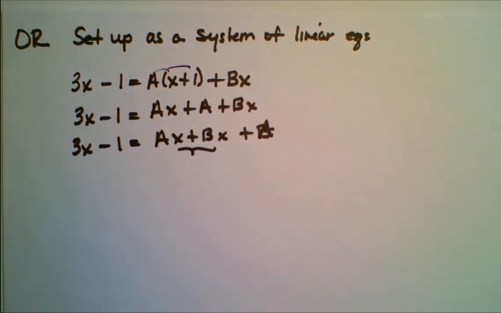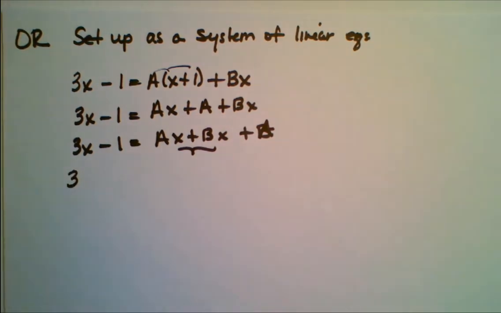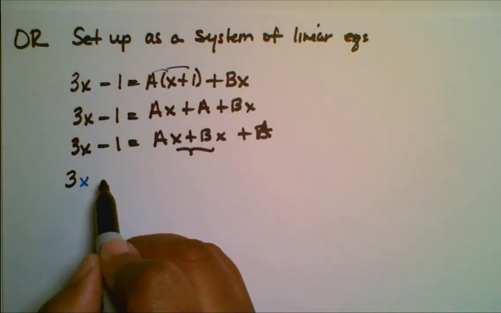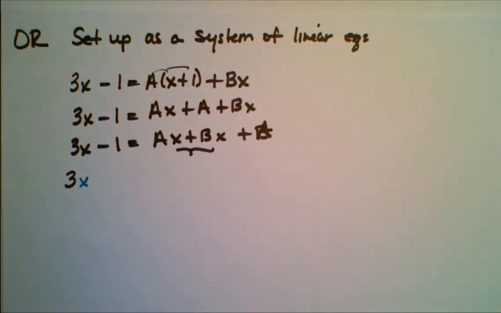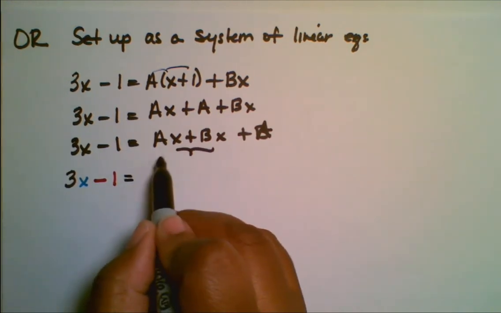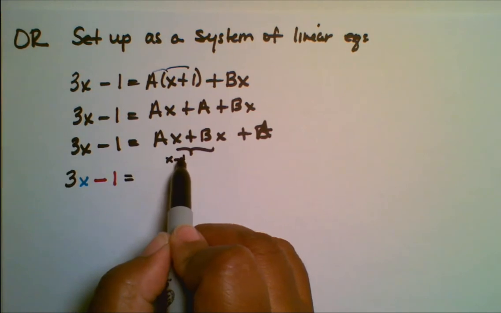So we have 3x minus 1 equals, factor out the x for the x term.